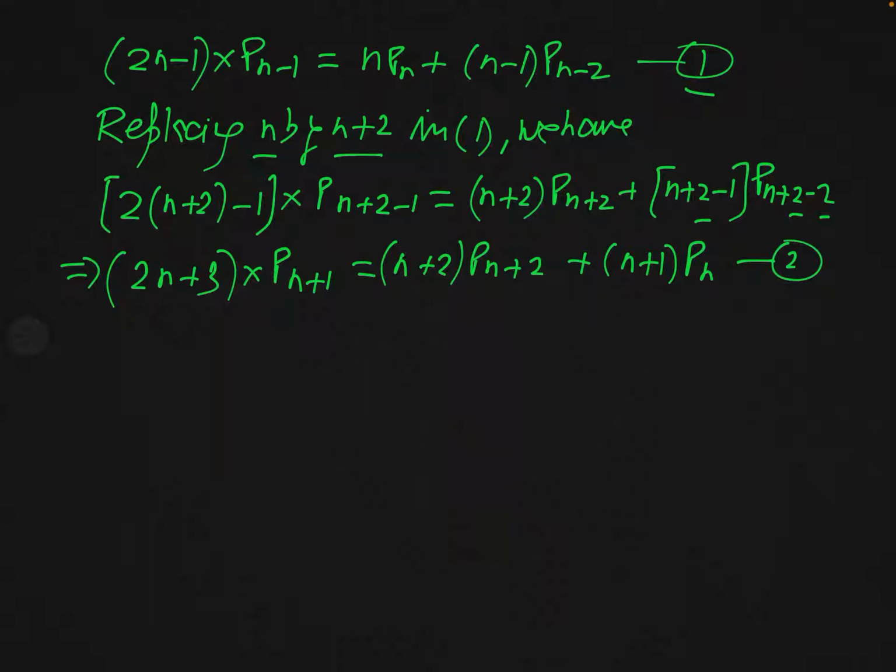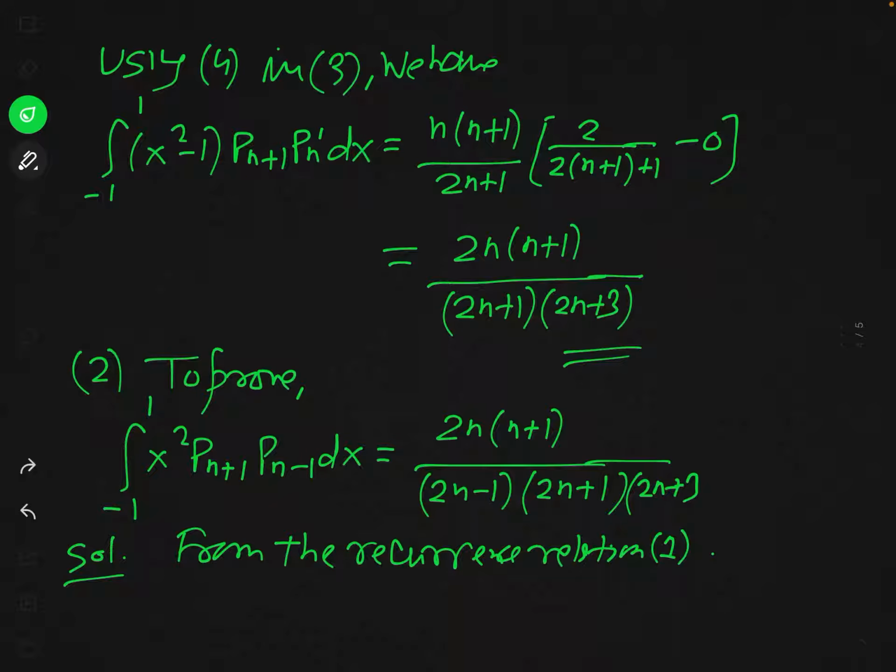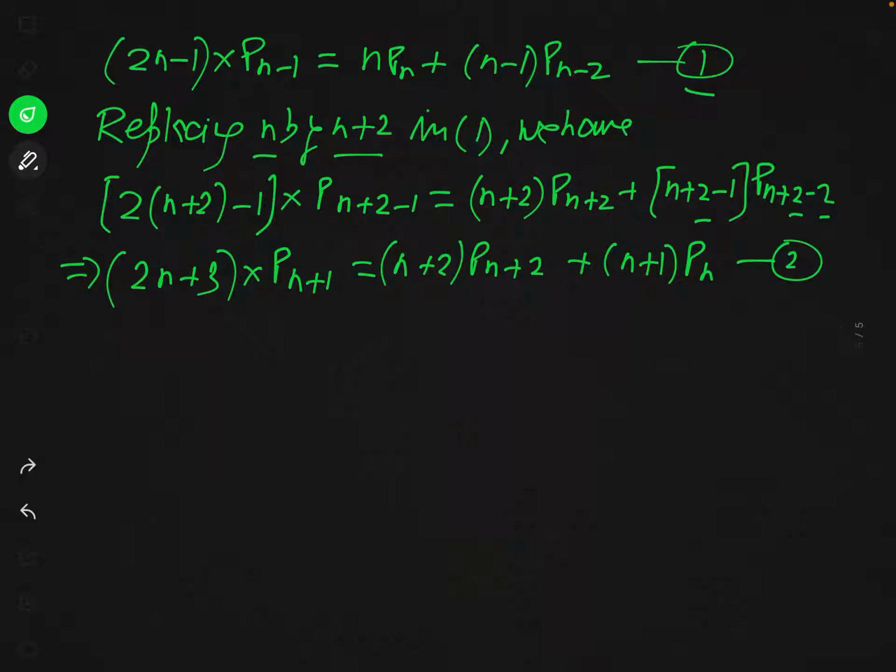So I have actually modified the first recurrence formula by substituting n plus 2 in place of n. Now, to get the value of this integral, you can see I have to evaluate the integral x square pn plus 1 into pn minus 1 dx. And in our result, there is pn plus 1.